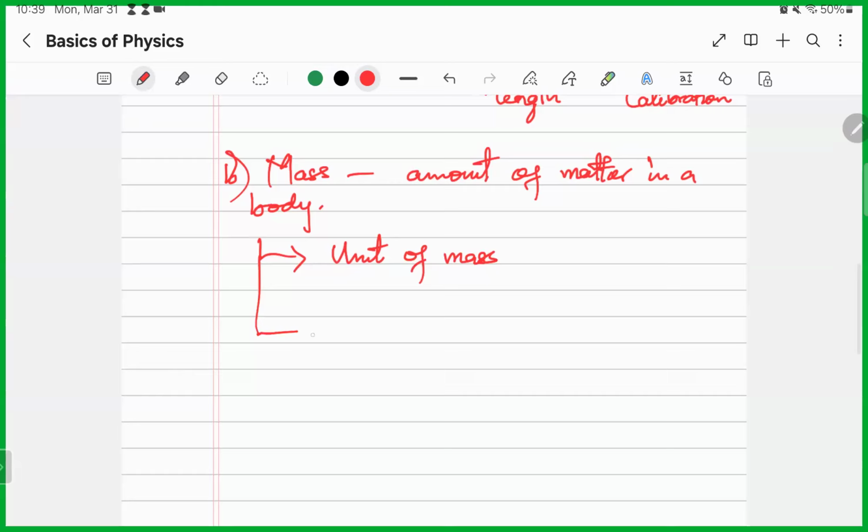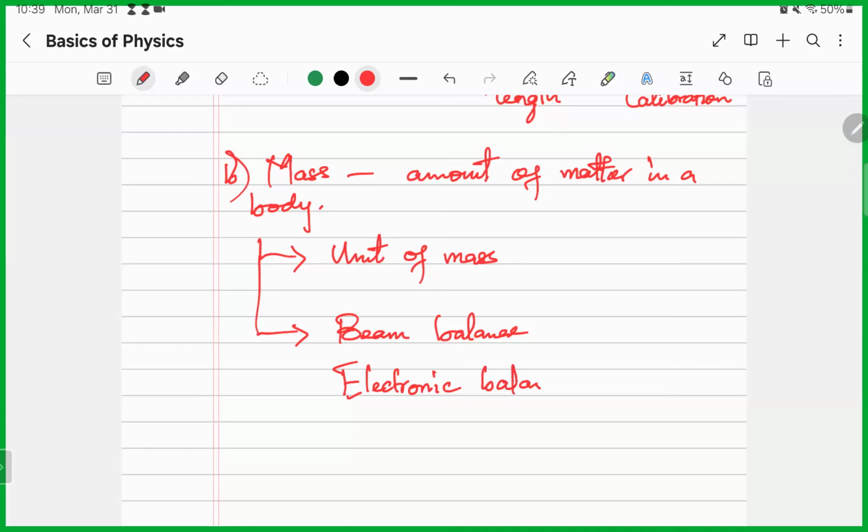Mass has a unit. The instruments used to measure mass, we can talk about the beam balance, the triple beam balance. We can talk about the electronic balance.